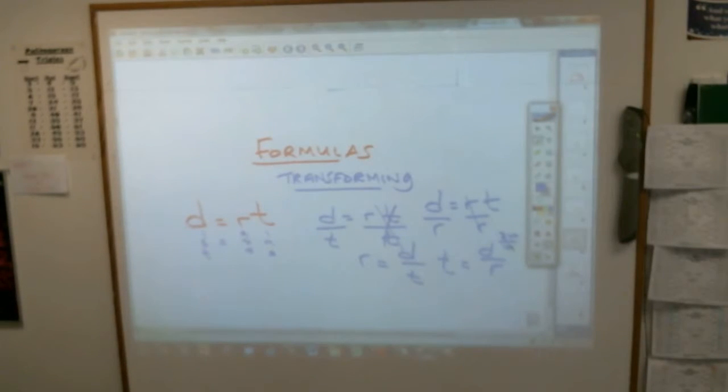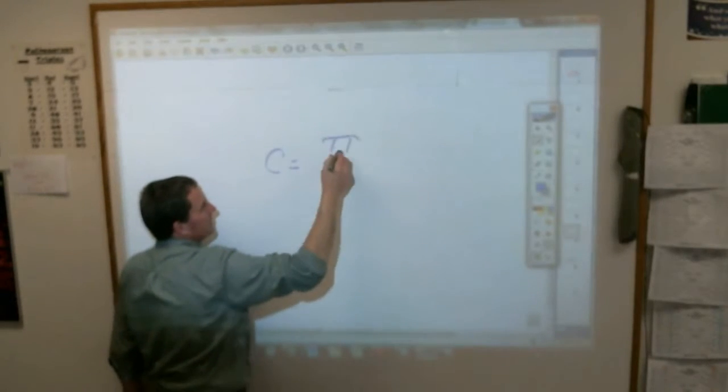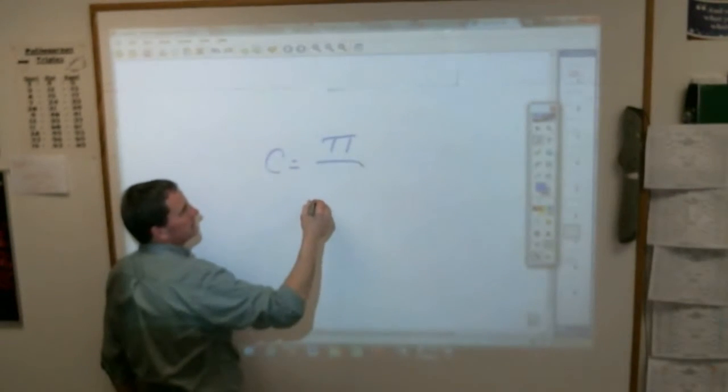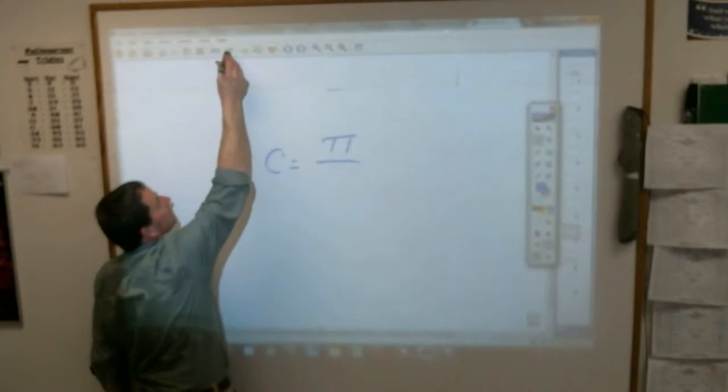Let's see another one. I want to find a better one. Oh, here's a good one. Circumference equals pi times diameter, doesn't it?